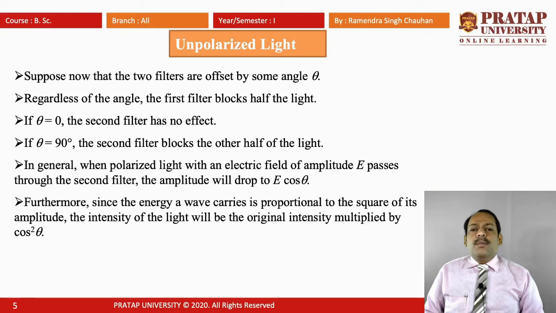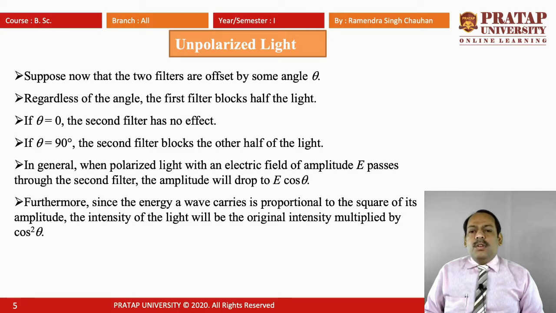The component which is passed will have no effect because of this second filter, and the intensity which is passed through filter 1 will be passed through filter 2. But when theta is equal to 90 degrees, then the second filter will block the component, because now it is perpendicular to the light which is passed through filter 1, and that's why no light will be passed to the other side of the second filter.